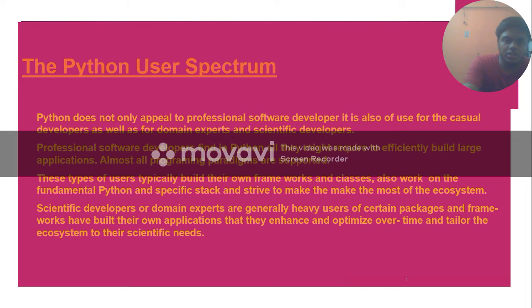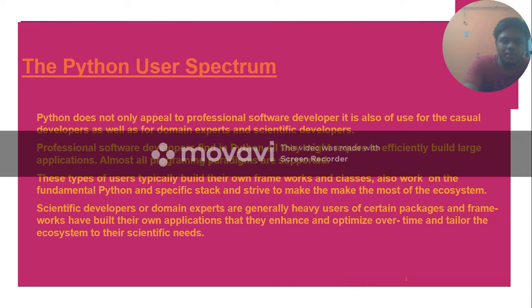The specific stack and style make most of the ecosystem very useful for Python, and specific developers also use the packages and frameworks to build their own applications, optimizing over time the tools and ecosystem for their specific needs.